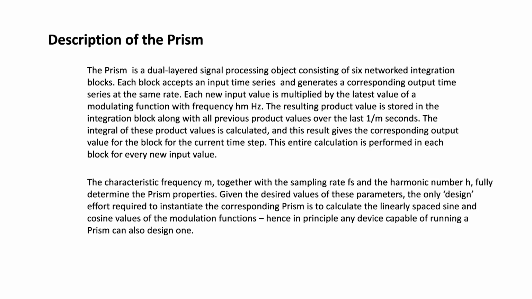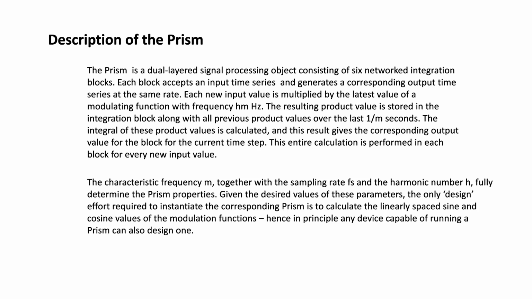Description of the Prism. The Prism is a dual-layered signal processing object consisting of six networked integration blocks. Each block accepts an input time series and generates a corresponding output time series at the same rate. Each new input value is multiplied by the latest value of a modulating function with frequency HM.